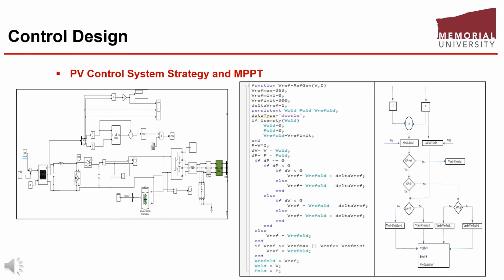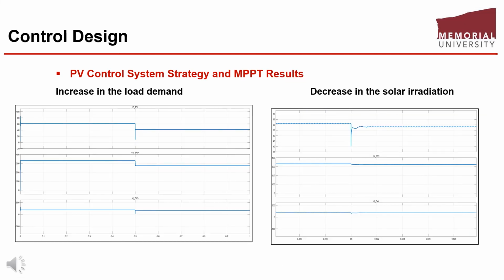As we will see in the following section, the PV system is stable while any change in solar irradiation or in a load occurs. We see here that after any change in solar irradiation or load demand, the PV system finds the maximum power point after a short time and still remains stable.